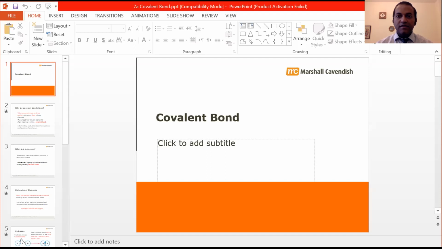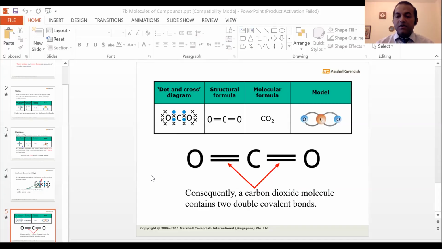So for today's lesson, we have two PowerPoints. I will show you now. This is one of them about simple covalent bond, and there is another one, also a little bit more detail about simple covalent bond.